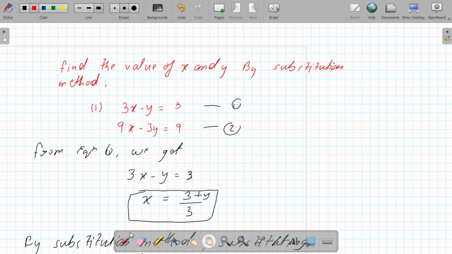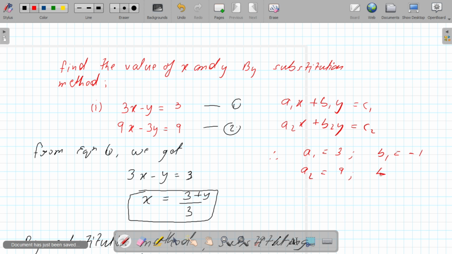So if I compare these equations with a1x plus b1y equals to c1, a2x plus b2y equals to c2, therefore a1 will be equals to 3 and b1 will be equals to minus 1, a2 will be equals to 9 and b2 will be equals to minus 3.